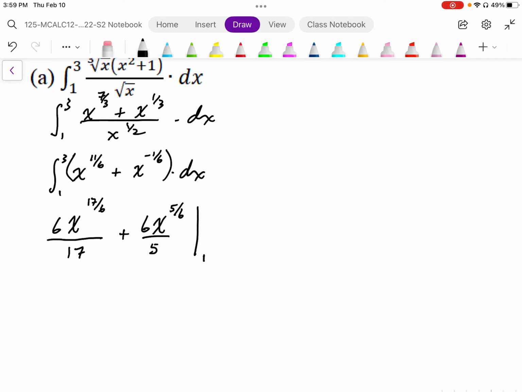Now I can just put this into my calculator and calculate this integral. So I'm just going to plug in my bounds.